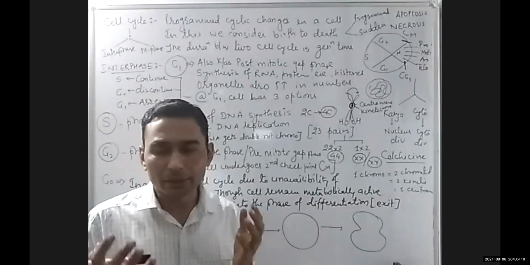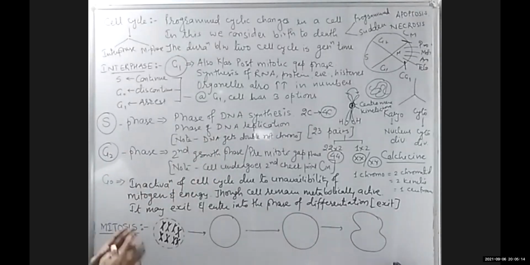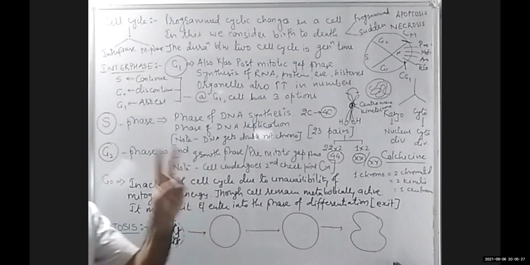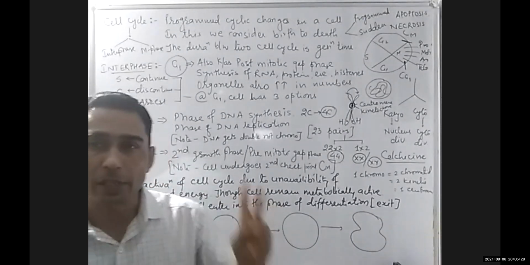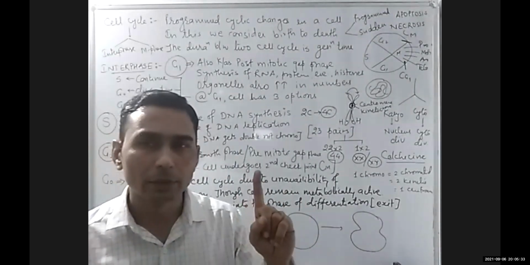But the membrane has to disappear because such a double content can't be accommodated in a single nucleus. Since the nucleocytoplasmic ratio is disturbed, the nuclear membrane has to disappear. Character number 2. What was character number 1 of prophase?